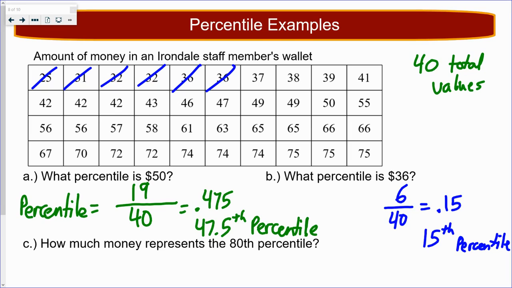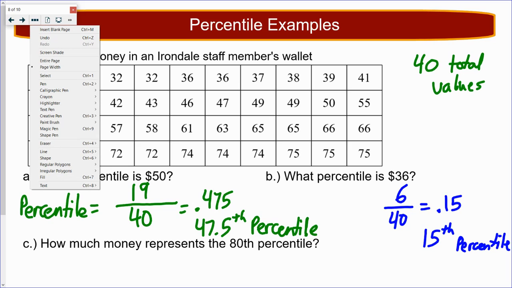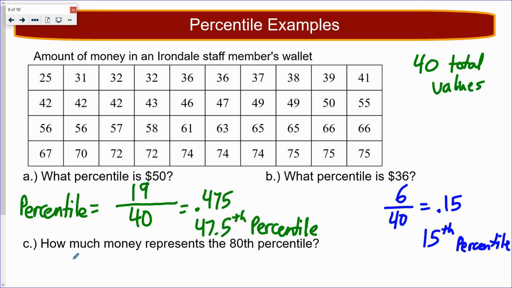And this idea can work in reverse as well if we look at question C here. It says how much money represents the 80th percentile. So let's go to red here. We know the 80th percentile, and we know we have 40 numbers in our data set, so we're looking to find this up here.